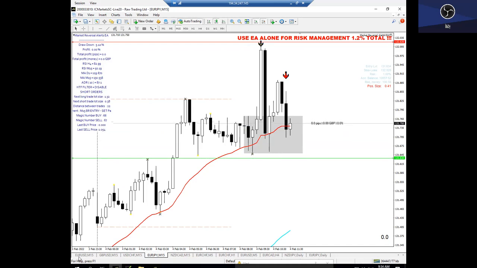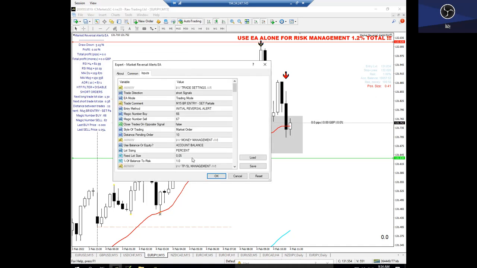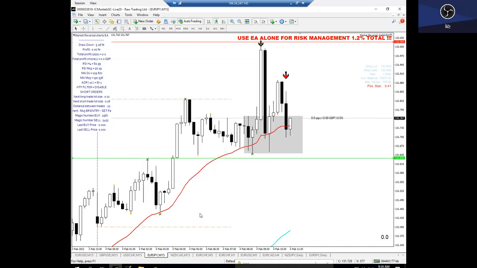So first off, let me reduce my risk on that. I usually use 0.3%, or I will use 0.5%. And then you always have to remember to change your magic numbers just in case you have some other EA setup.